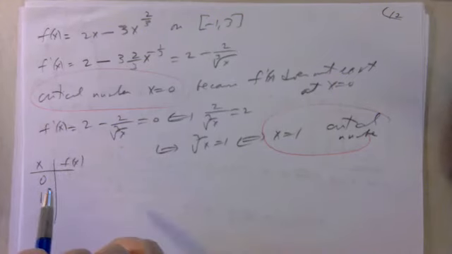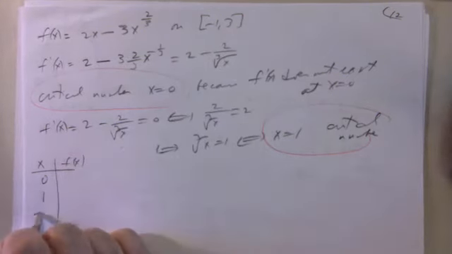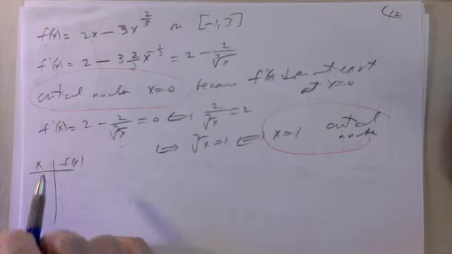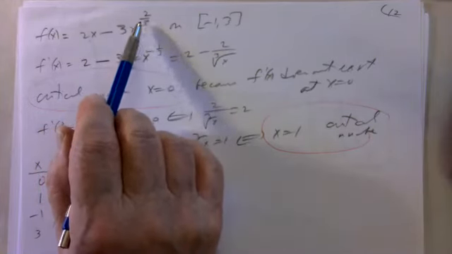So we make a little table of values of f of x at the critical numbers 0 and 1, and also at the endpoints of the interval -1 and 3. So when x is 0, f of x is 0. When x is 1, this is 2 minus 3, or -1. When x is -1, this is x to the 2/3, which is like x squared, then cube root, so it's 1.